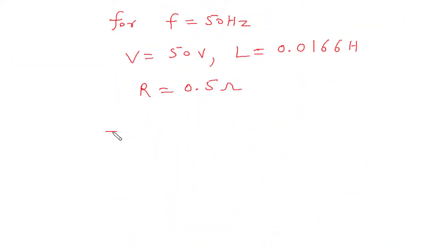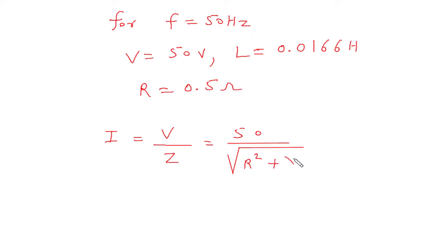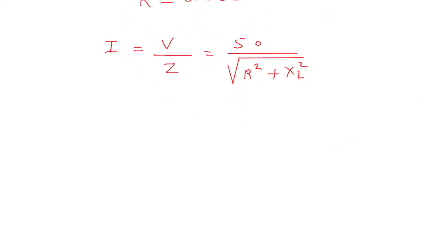Then we have to find first of all the current. So current I is equal to V by Z. V is 50 volt, and Z will be under root of R square plus XL square. But here this XL will be different, so first we will find this XL. XL is equal to 2 pi fL, but here the frequency is different.